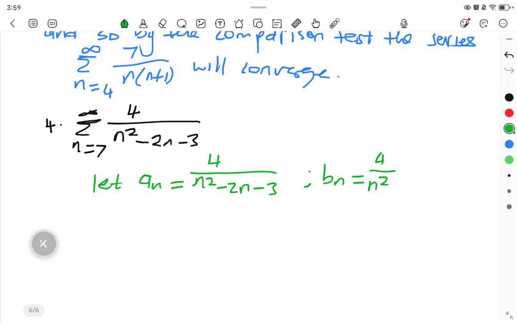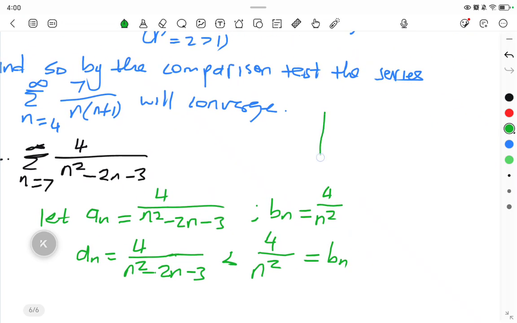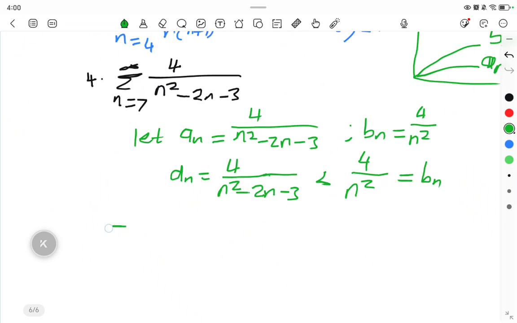Then when I check this, I realize that an, which is 4 over n squared minus 2n minus 3, will be less than 4 over n squared, which equals bn. Then I can draw that diagram. bn is bigger, an is small. Now I check the summation of bn, which is 4 over n squared.